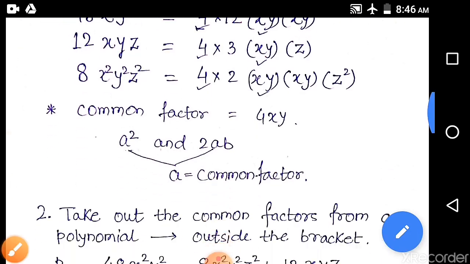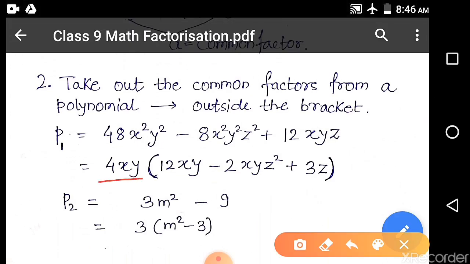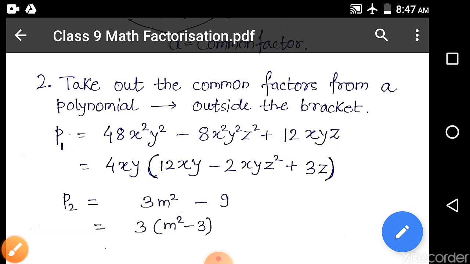So for 48x square y square, when 4xy is taken common, 12xy is left inside the bracket. For the term 8x square y square z square, when 4xy is taken common, 2xyz square is left. From 12xyz we get 3z when 4xy is taken out. So this is the complete factorization of this polynomial p1.